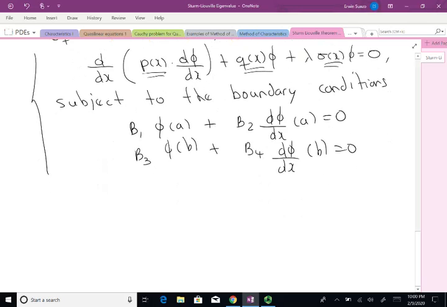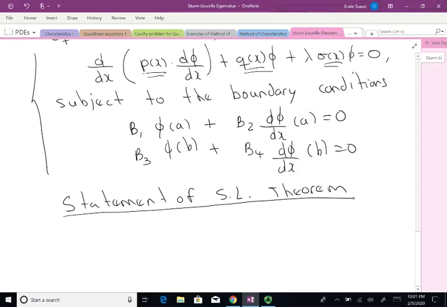So the statement of the Sturm Liouville theorem.